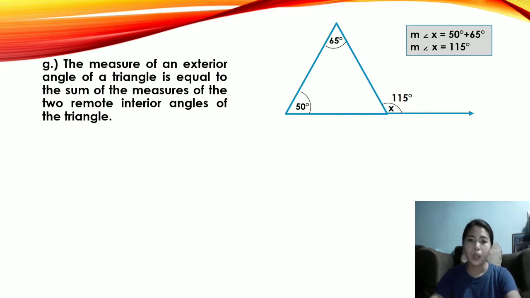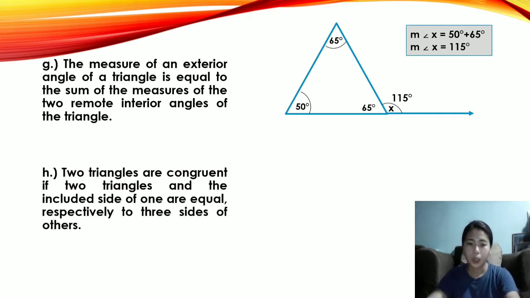So if this is 115 degrees, we can get the measure of this angle. So 180 degrees minus 115 degrees is equal to 65 degrees. So applying our first theorem, if we add the interior angles, we get 180 degrees. So we have 65 degrees plus 65 degrees plus 50 degrees, that is 180 degrees.